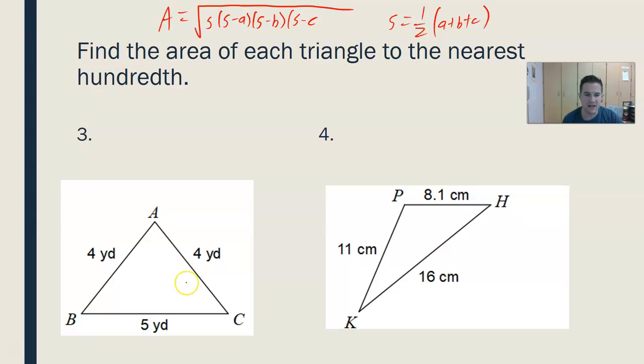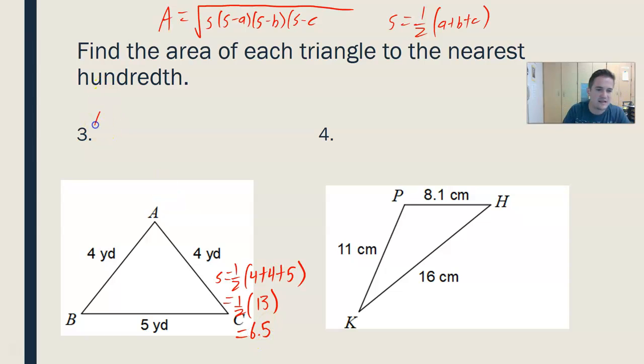Well, first, let's find what s is. S in this triangle is going to be 1/2 times 4 plus 4 plus 5, because those are the 3 sides of the triangle, 4, 4, and 5. So that's equal to 1/2 times 4 plus 4 is 8 plus 5 is 13. So 1/2 of 13 is 6.5.